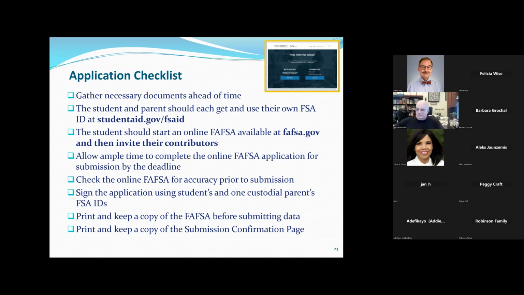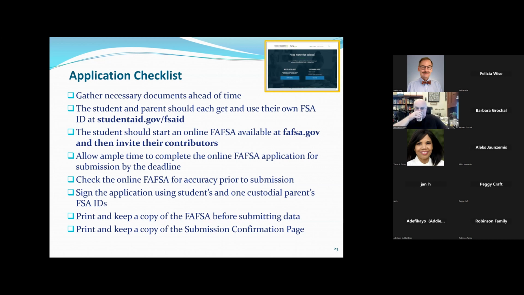Students and parents should each get their own FSA ID, again at studentaid.gov/FSAID. Complete the online FAFSA application by going to fafsa.gov. Allow ample time to complete the FAFSA for submission by published deadline dates.